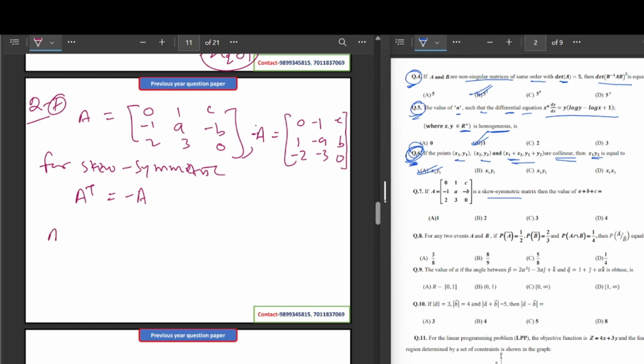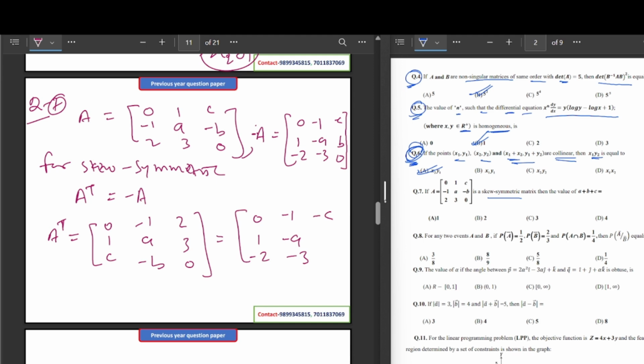So A transpose is equal to 0, 1, C, minus 1, A, minus B, 2, 3, and 0. And minus A should be this one: 0, 1, minus 2, minus 1, minus A, minus 3, minus C, B, 0, and compare all these. So we will find the values.